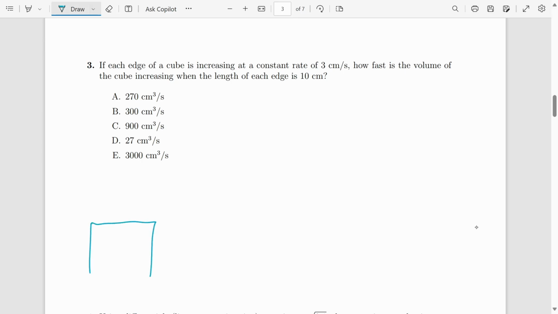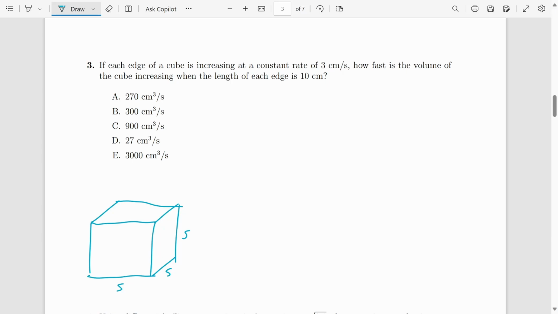So we've got a cube down here. Cubes have all of the sides the same, so let's do S for all of the sides. And we need to find the rate at which the volume is increasing when the length of each edge is 10 centimeters.